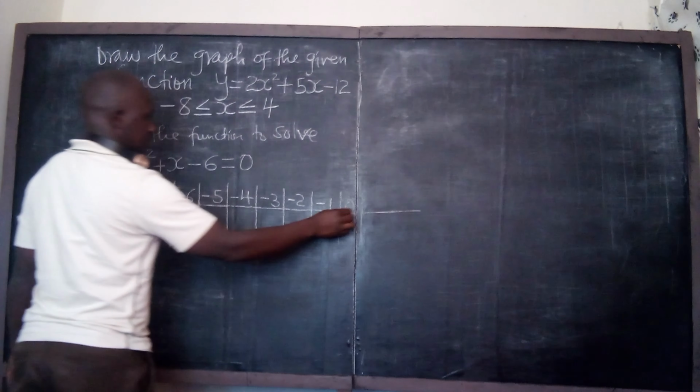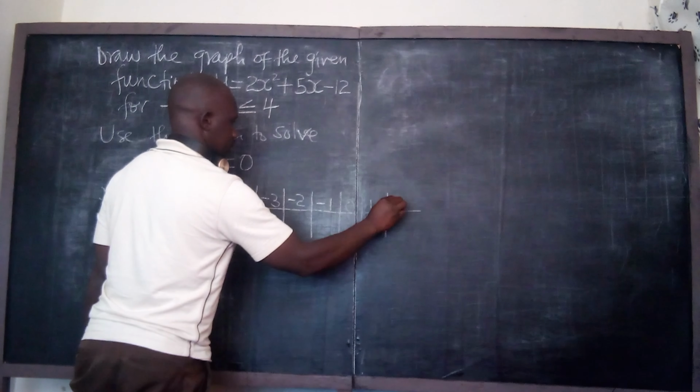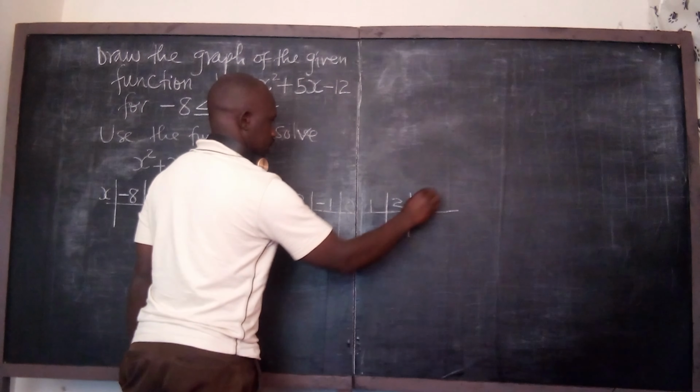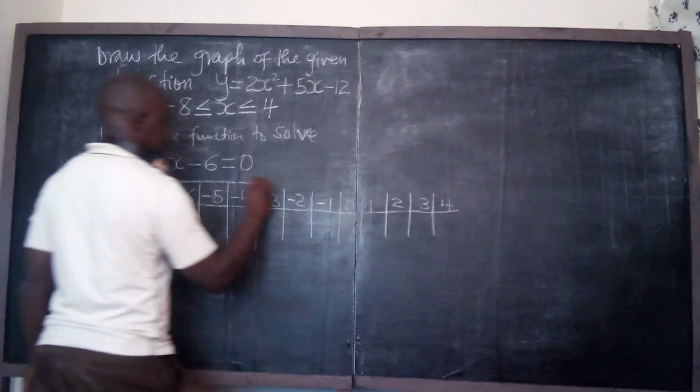We extend the line, so we have 1, then 2, 3, and then 4. So we need to make this table.